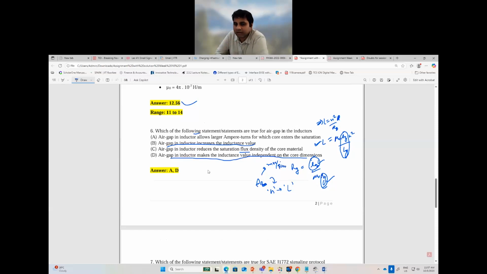So what I'm trying to say is, the idea of inserting an air gap, it could be any air gap, is that you do not want the inductance to be dependent on the core material. The moment you insert the air gap, you are independent of the core material properties, because core material properties change with time, with operation, or with the frequency of excitation.